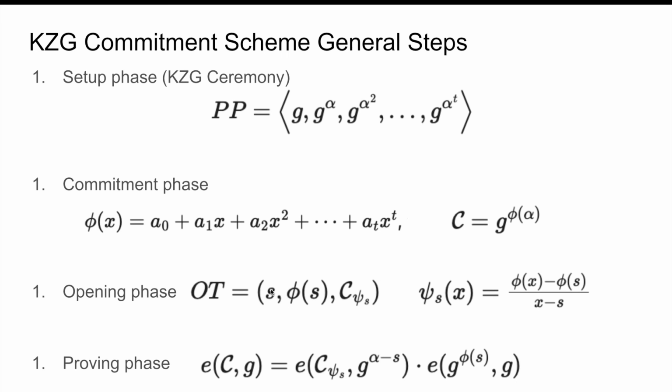You might be asked to open up the polynomial at a random point s. You have to calculate what is phi of s. Because you know the polynomial, you can calculate phi of s. And then you have to calculate this C of psi of s, where psi of s is this function. And with this function, you can calculate the corresponding commitment.